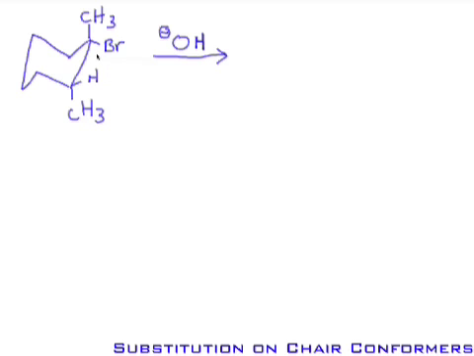First and always check to see what kind of alkyl halide you have. You have 3 carbons attached to this carbon. Put dots for my carbons. 3 carbons attached to that, so it's a tertiary alkyl halide. Tertiary alkyl halides go SN1 no matter whether you have a strong or weak nucleophile.